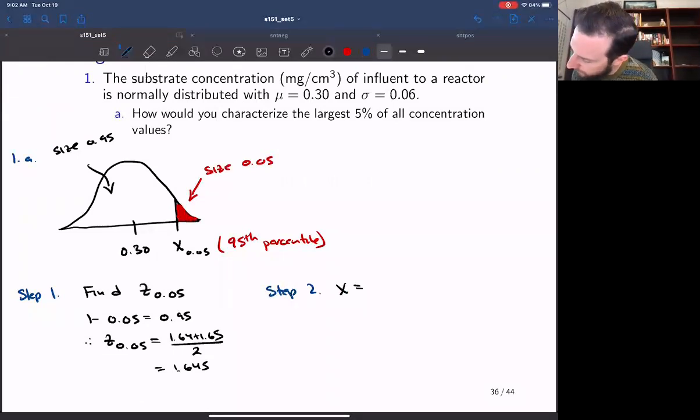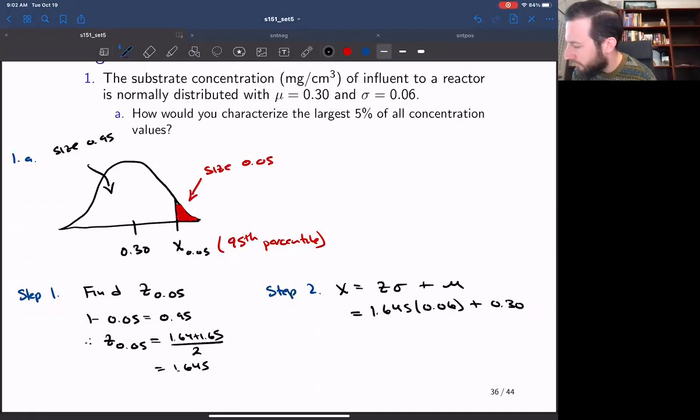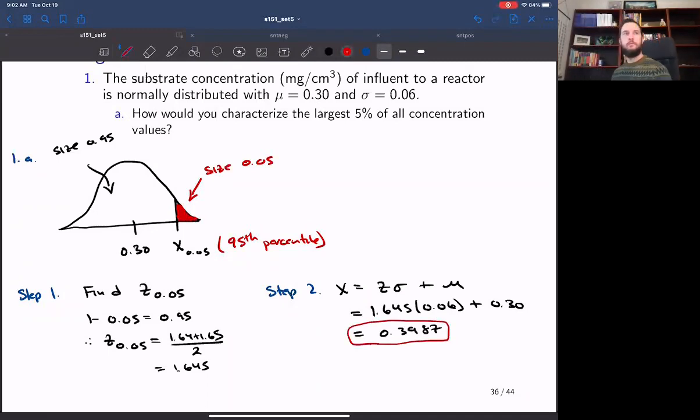So X equals z sigma plus mu, which is 1.645 times 0.06 plus 0.30, which is 0.3987. Any questions?